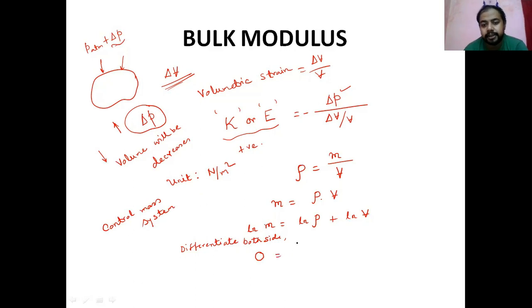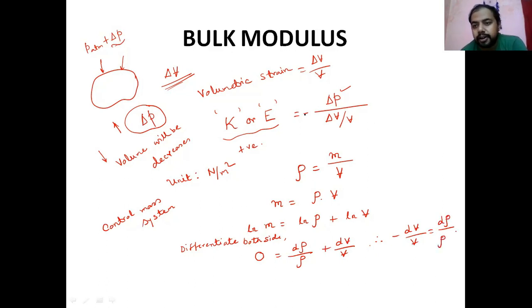So what would be the density changes? It can be written as d rho by rho, and similarly dV by V, so d rho by rho equals minus dV by V.